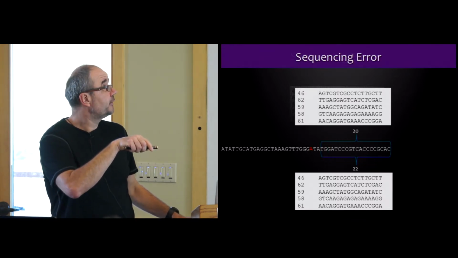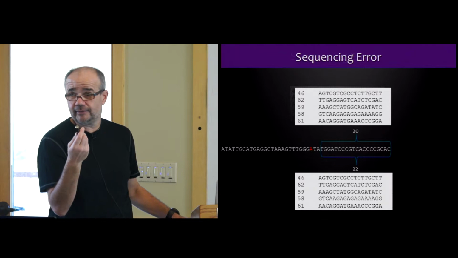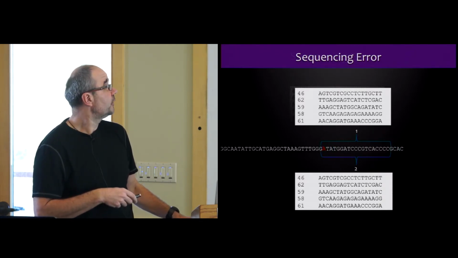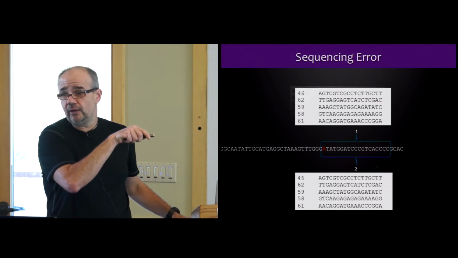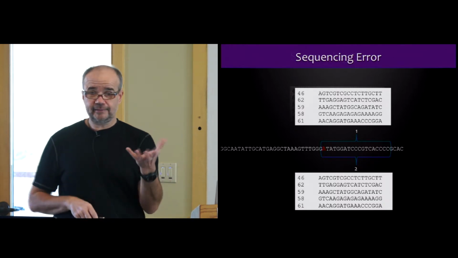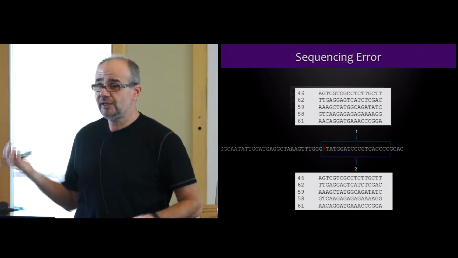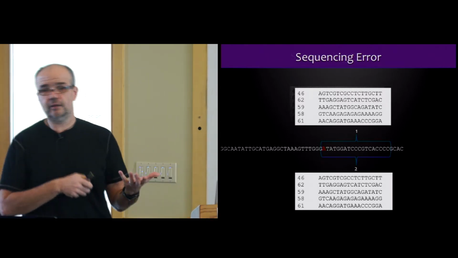It turns out, what about sequencing error? In the case of sequencing error, both have very low counts, because it's not really present in any of the samples. The machine just made this read, this sequence.